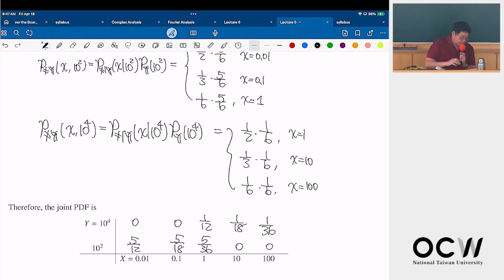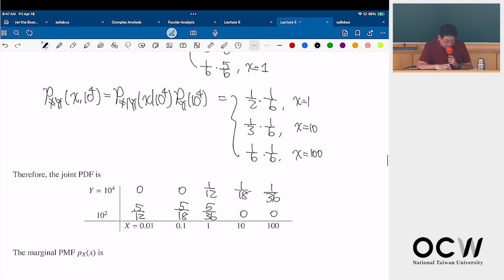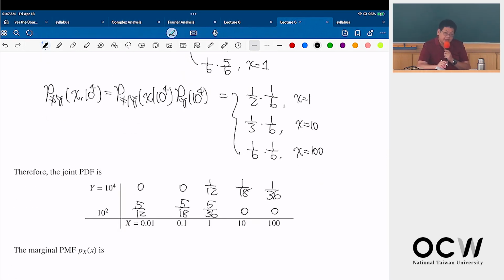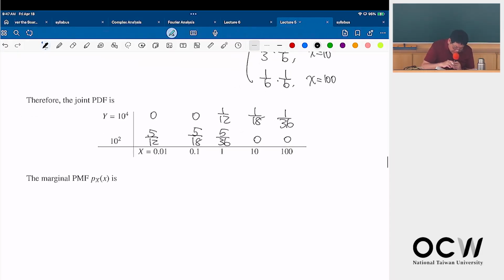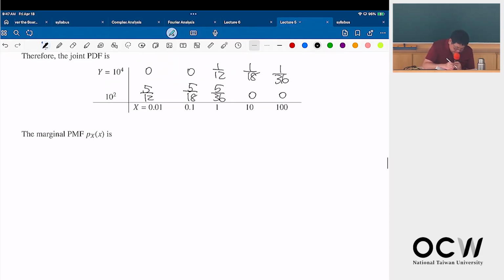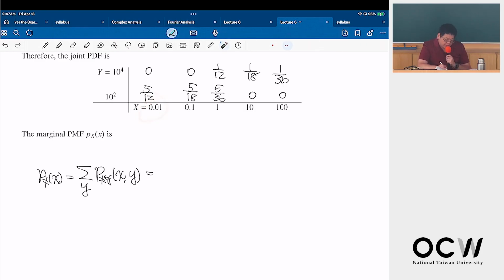Then once we have the joint PMF, we can find the marginal PMF. For the marginal PMF of x, I don't need y, so I will just sum y out. So x will be either 0.01, 0.1, 1, 10, and 100.